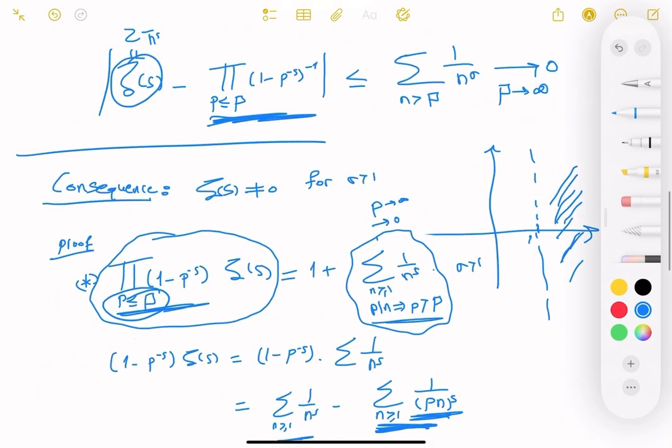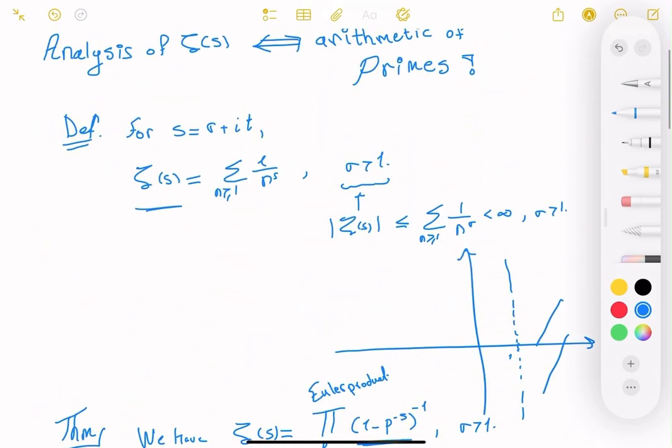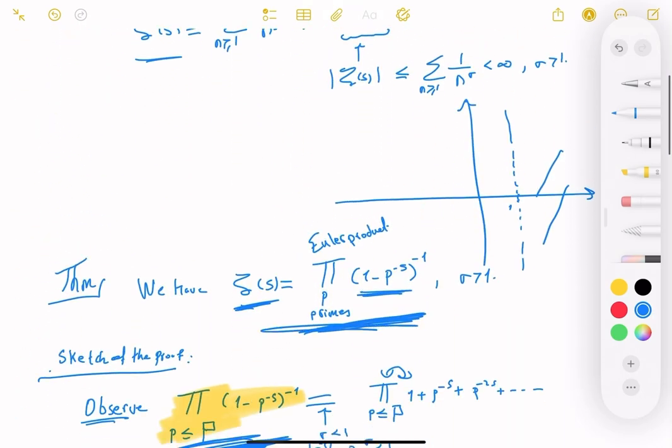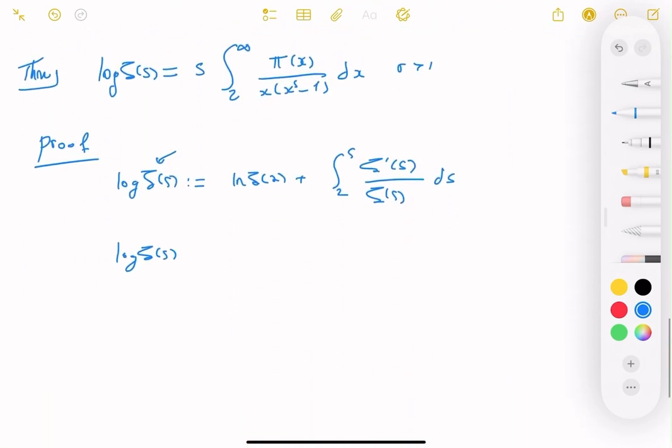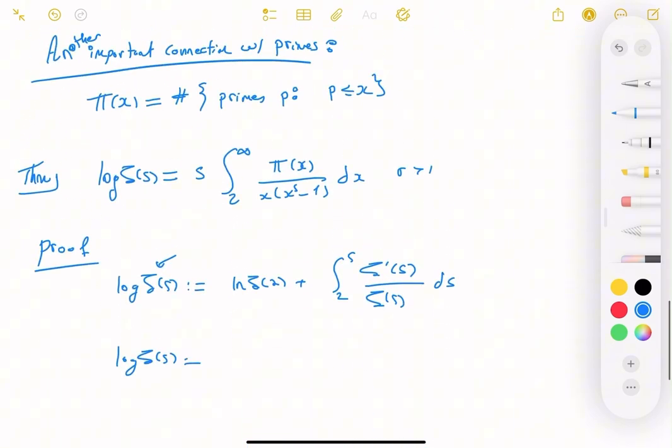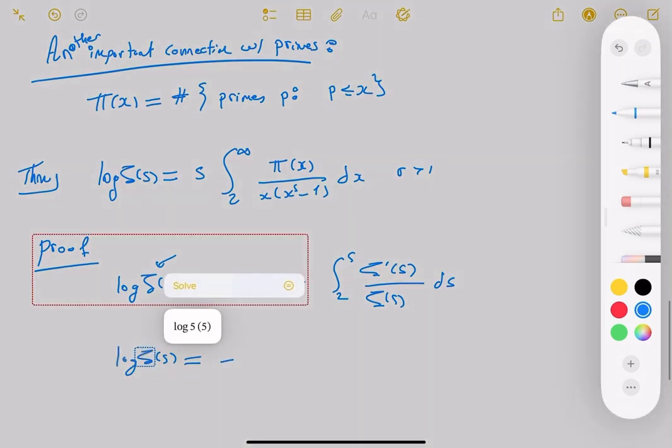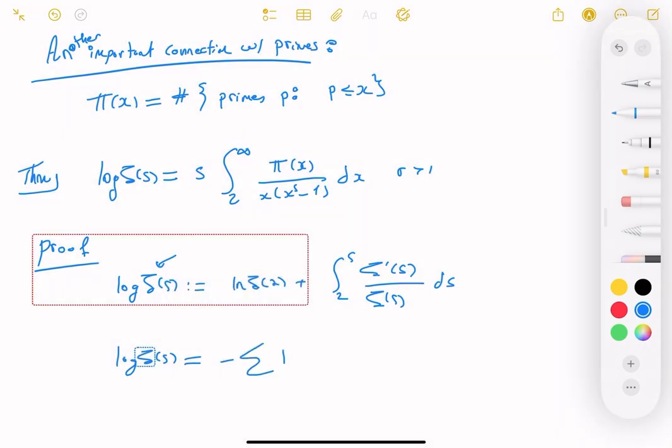In particular, we can choose this holomorphic log, and the observation is that if you take log zeta, let's look at the product. If you take log zeta of s, for a real s, for s over here on this line, we can take the log term by term, and we get the sum of log of 1 minus p to the minus s.